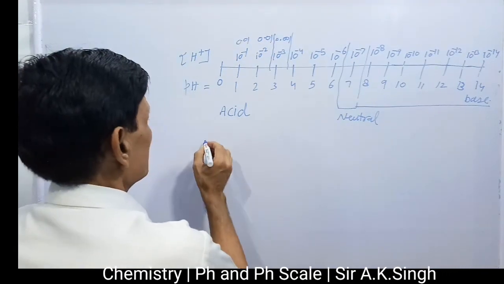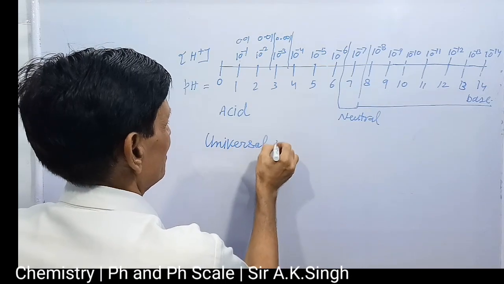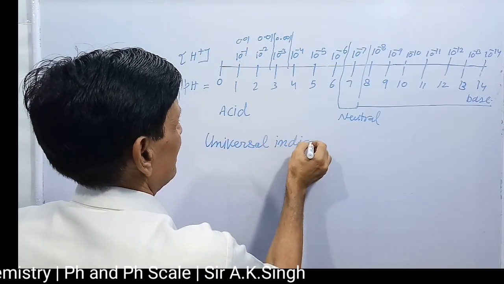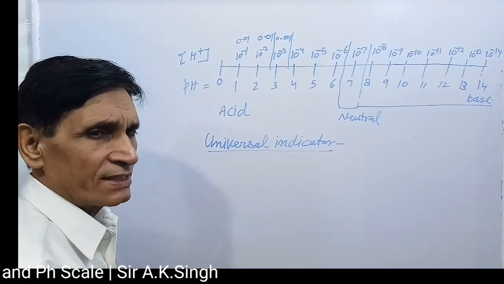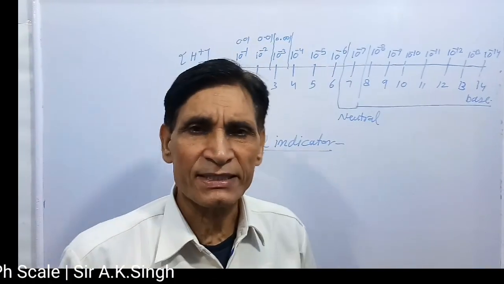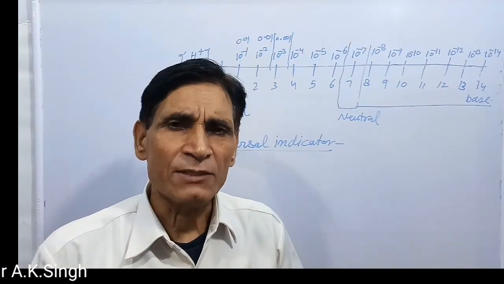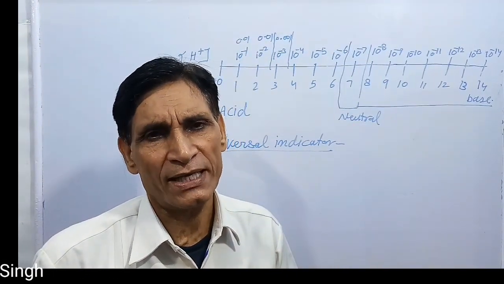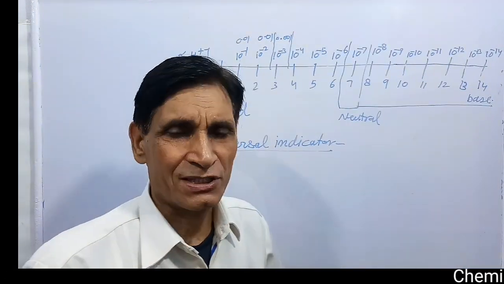If you have understood, then I will tell you about the universal indicator. Universal indicator is a mixture of indicator dyes. It gives different color at different concentration of hydrogen ions. At different pH, it will give different color.